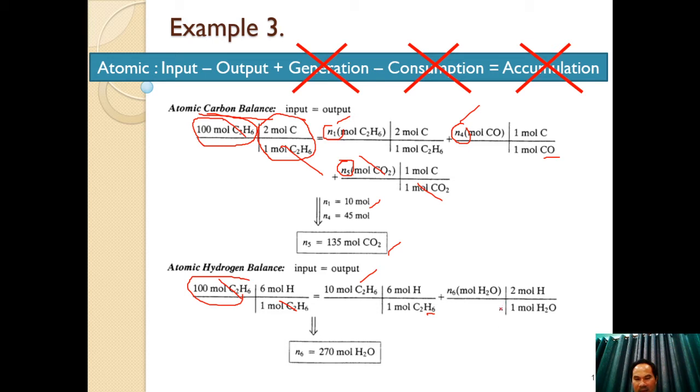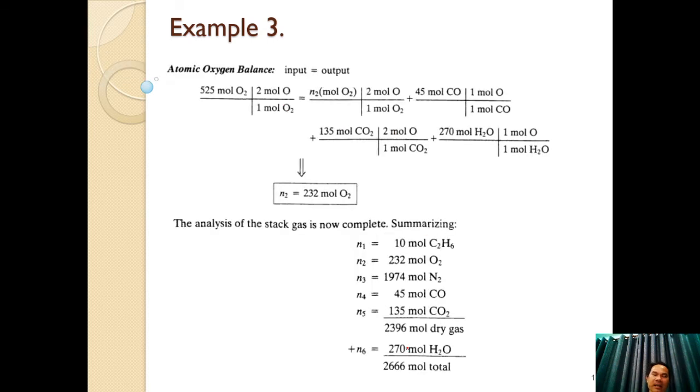The second term is water. 1 mole water includes 2 mole atomic hydrogen. But for this case, the mole of water output is N6. For this equation, the unknown is N6, and then you can solve for unknown N6. And the last balance is based on oxygen.